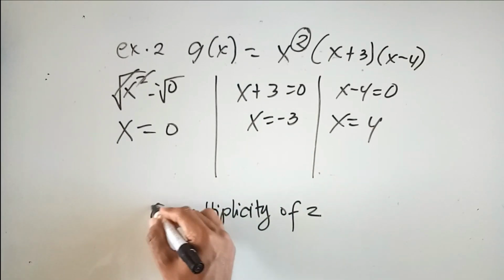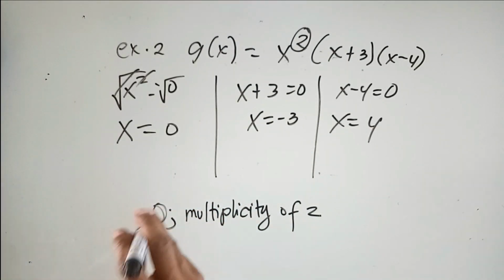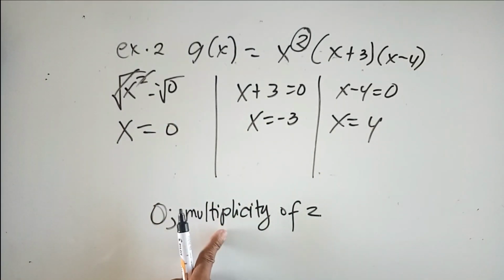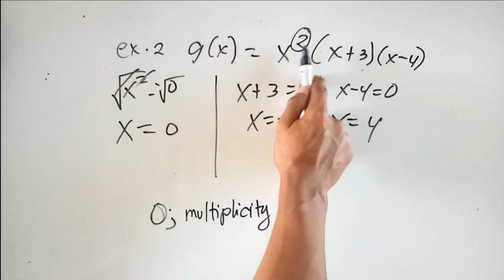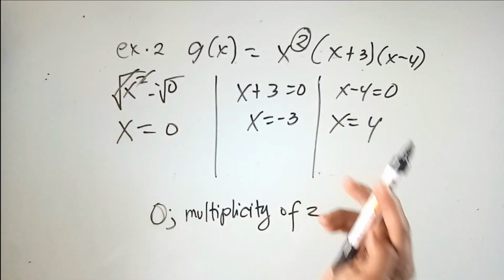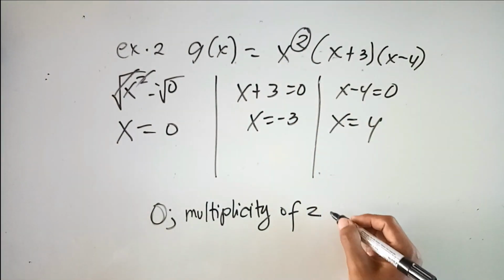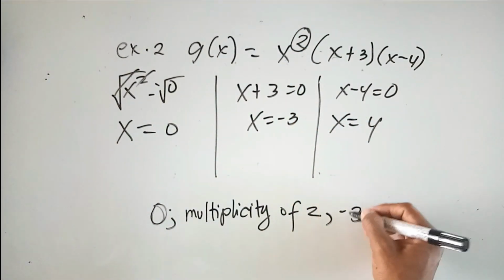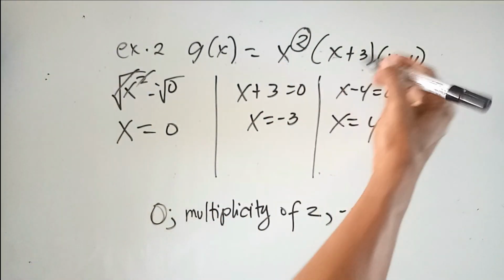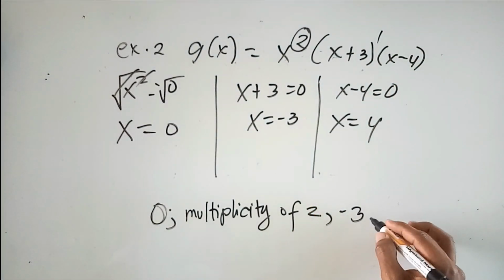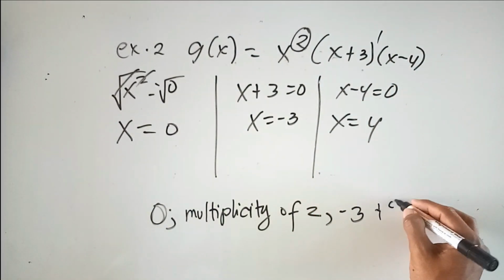The meaning of that is you have a root of 0, however it is in a multiplicity of 2 because it is repeated 2 times. So take note of that. The other one is negative 3. You don't have multiplicity for that because you have only one here. And the other one is positive 4.